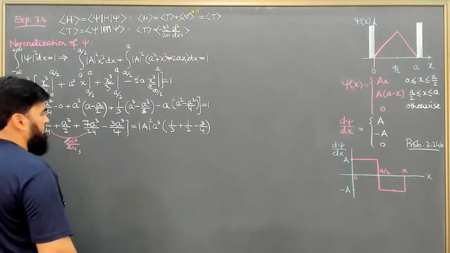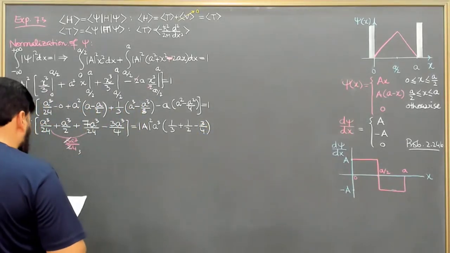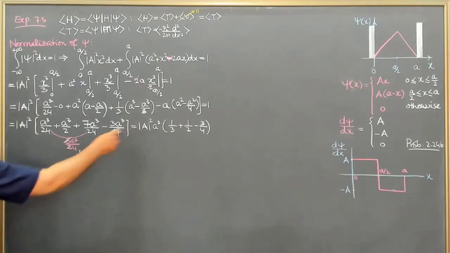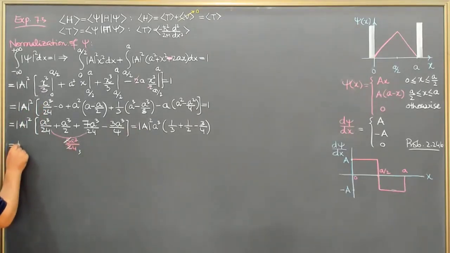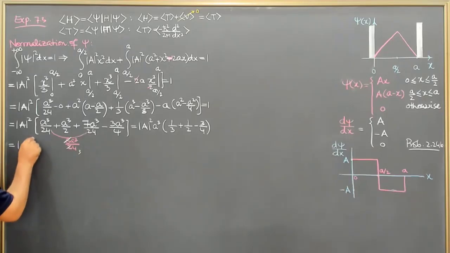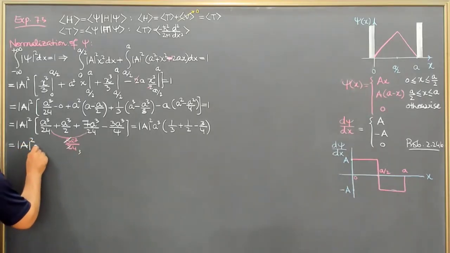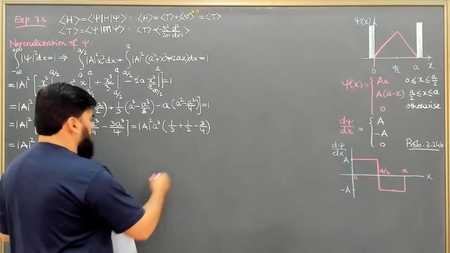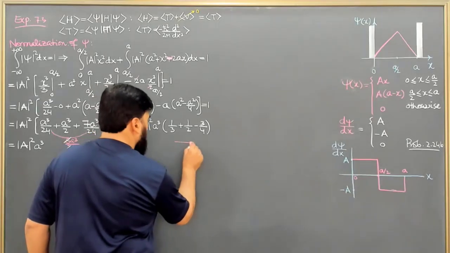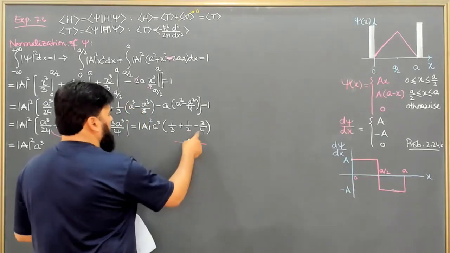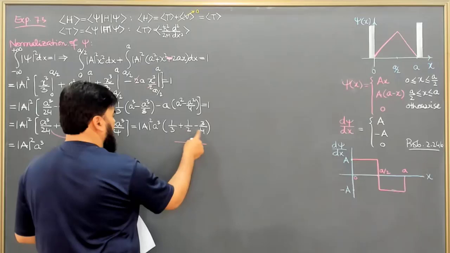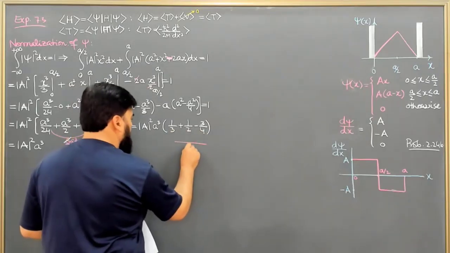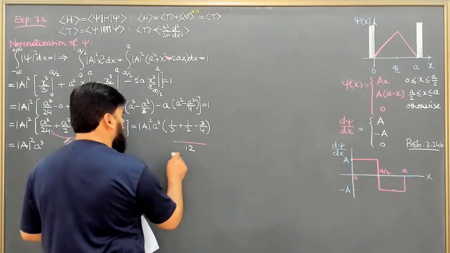So we have this thing of 3 and 4, we are having the LCM as 12. So we have here a³, and then take the LCM, it will be 2, 4. So we will have 4 and 4, 3 is 12. So we are having LCM as 12.